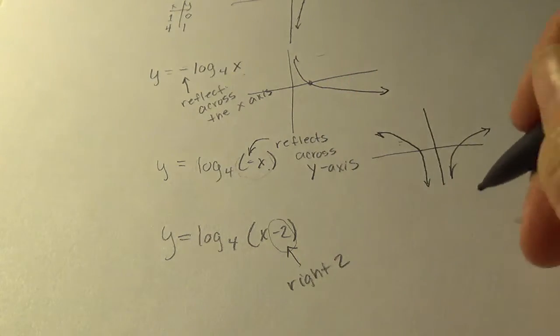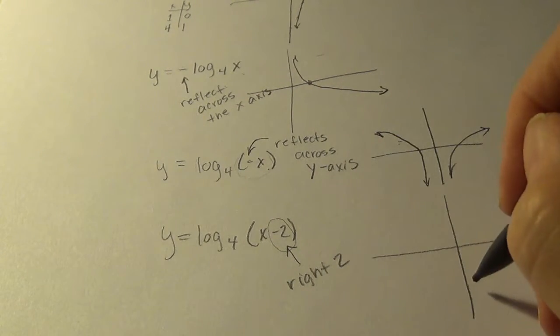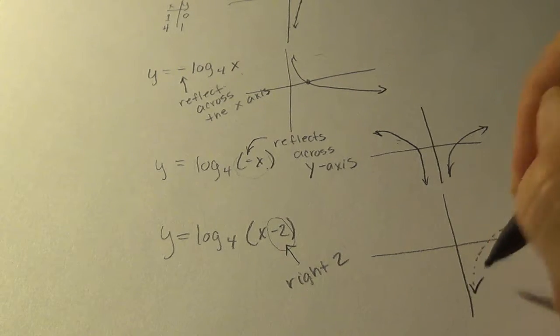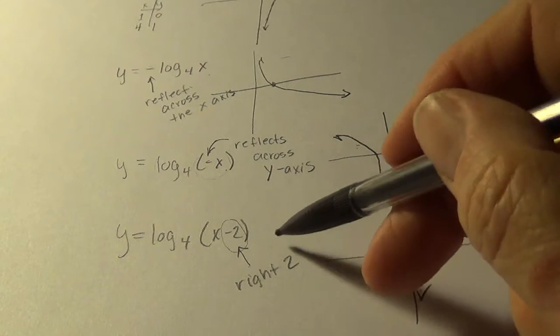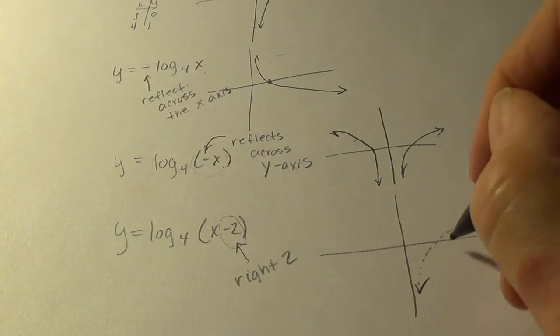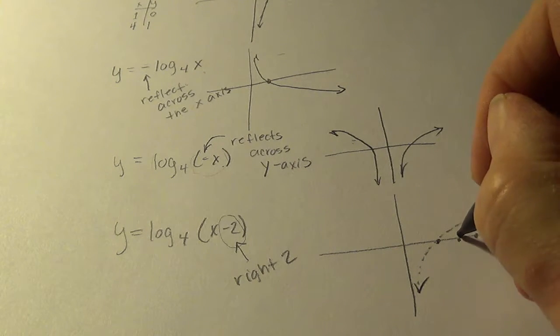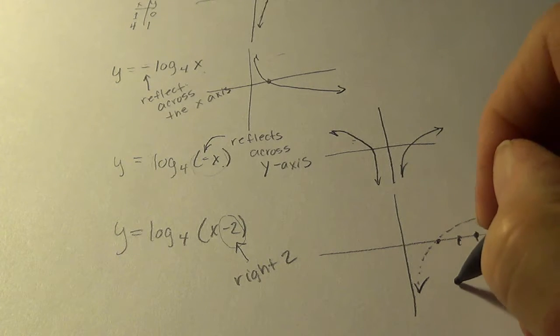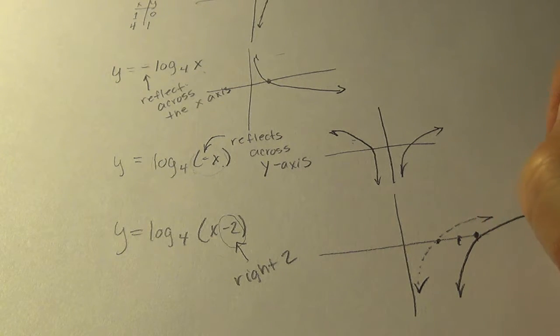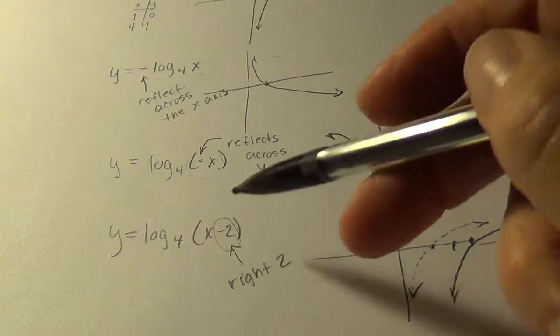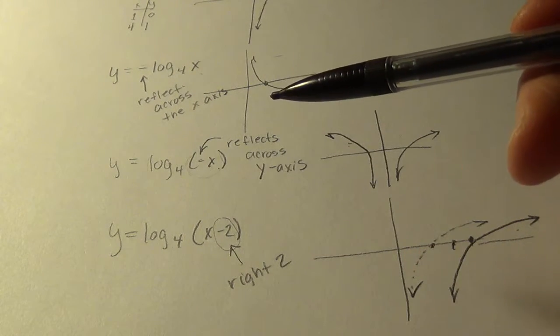So you want to go right 2. You take the typical graph and move it right 2. So it crossed here, now it's going to cross here. Alright, so that's a good sketch for this function.